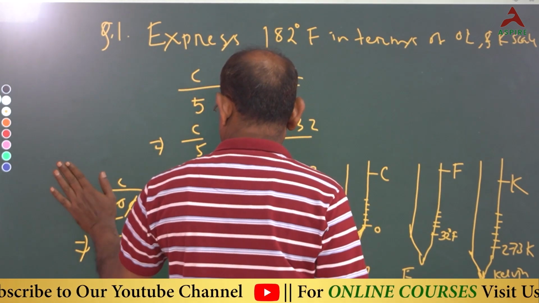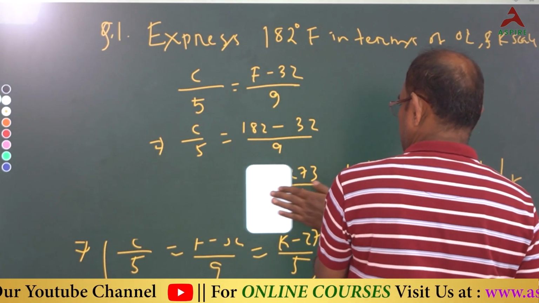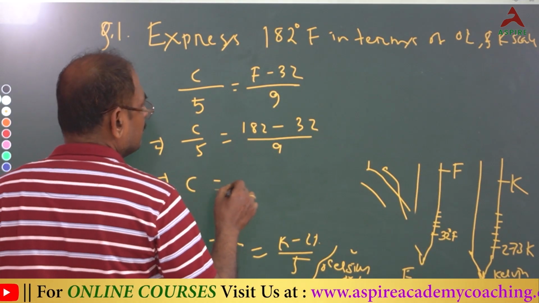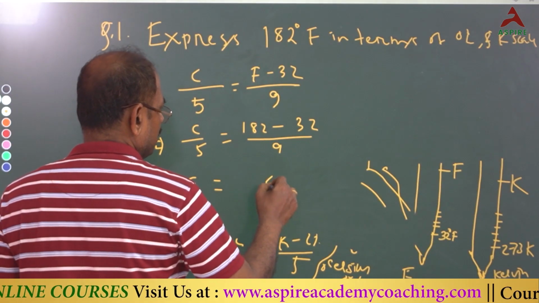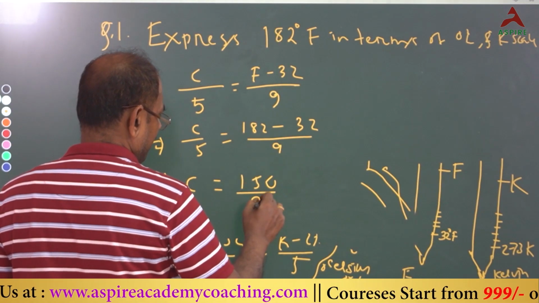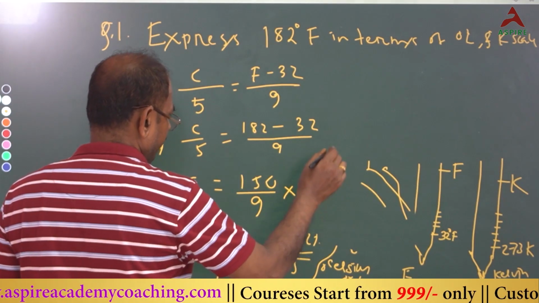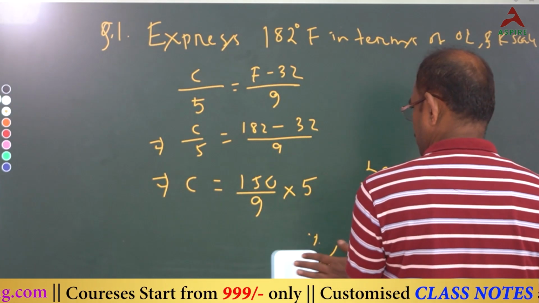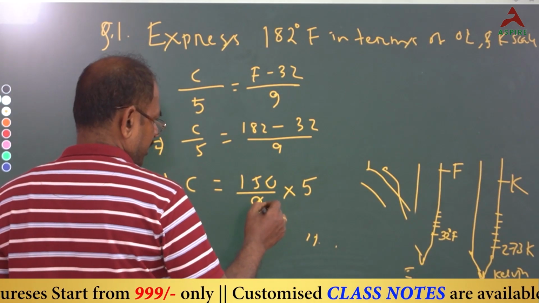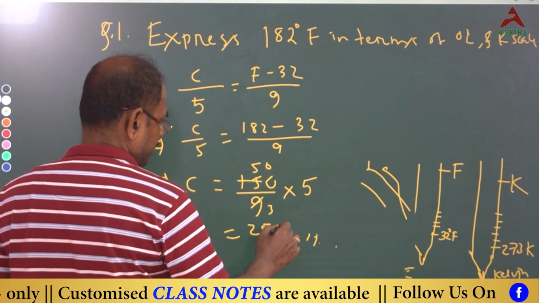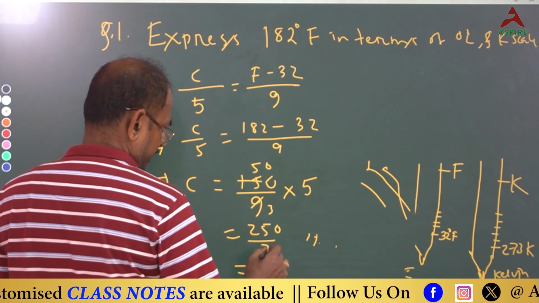Then C equals 150 by 9 into 5, which is 250 by 3.